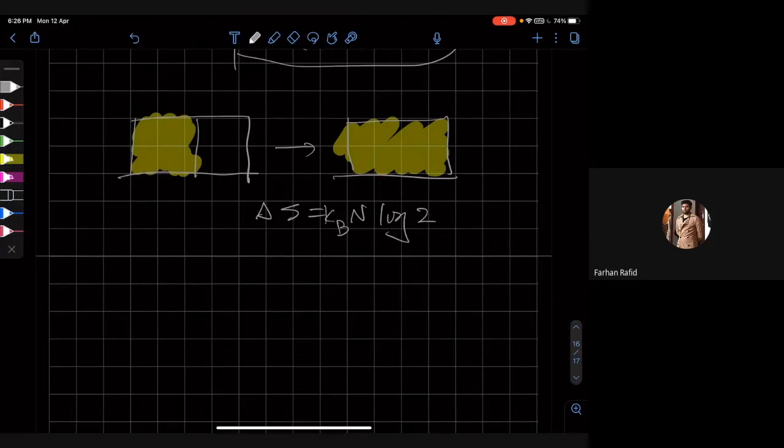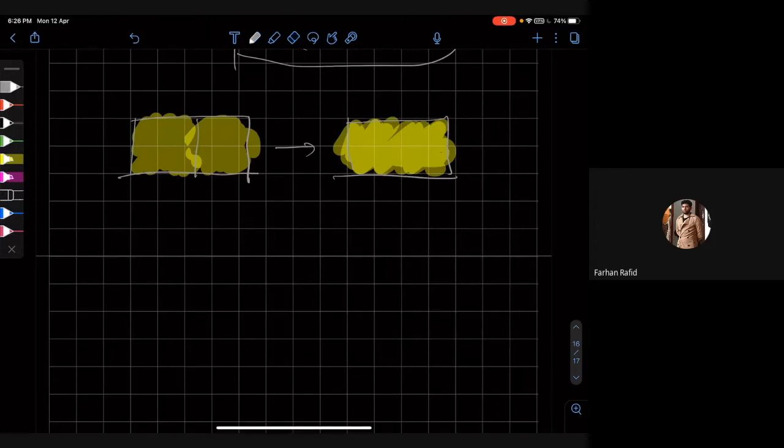But now if I have 2N gas molecules, thermodynamics tells us that delta S is 0. But we can think of it as this amount of gas being able to expand in here, and this amount of gas being able to expand to the full.